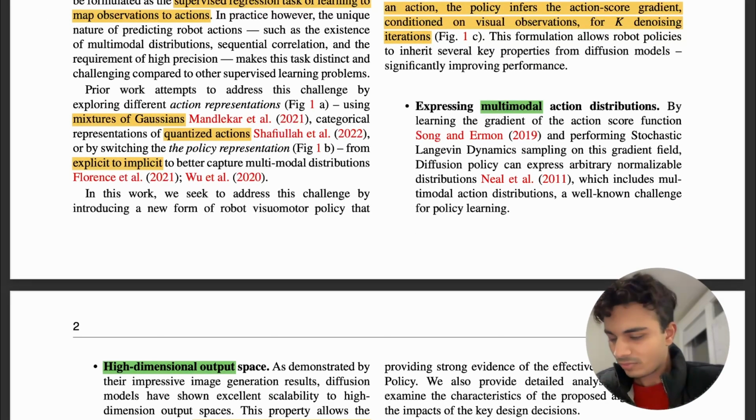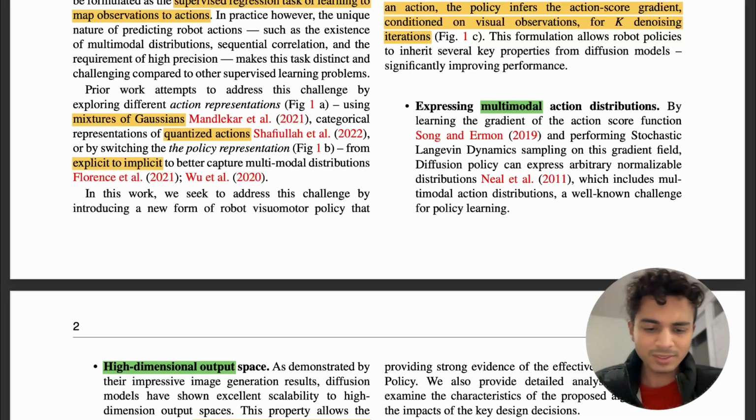So very common. But previously what we had was action representations in the form of mixture of Gaussians, and quantized actions. There are these papers that are cited. I have tried to refer to them, and a few of them I could nicely refer to just because they were so connected.